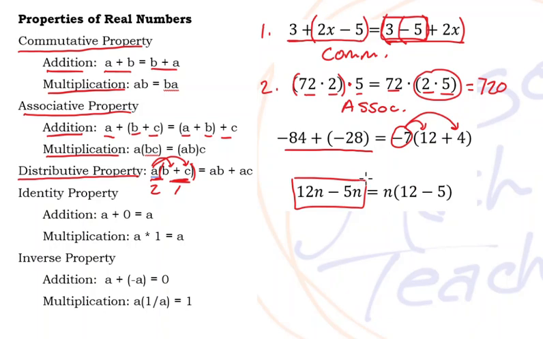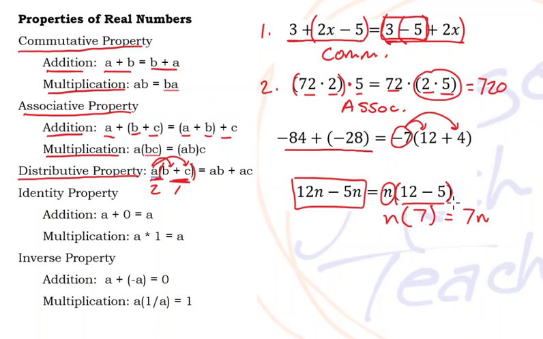Because according to the distributive property, we could take out the n from each term and put it outside parentheses here. Because n times 12 is 12n and n times negative 5 is negative 5n. So we can take out the n's, and then the order of operations says we can add the 12 minus 5. Oh, I said that wrong, didn't I? I said 17n, but it's 12 minus 5, so it's 7. And then multiply the 7 times n, and we get 7n.